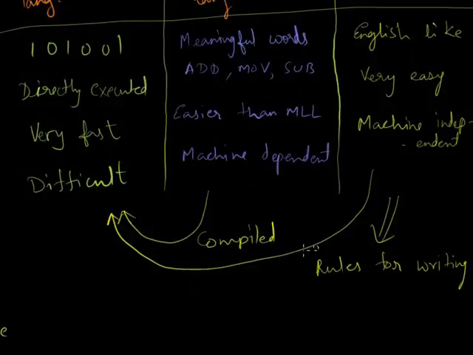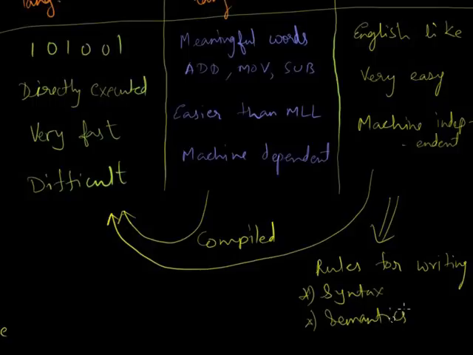And these rules for writing are known as syntax and semantics. Syntax deals with the positioning of words, and semantics deals with giving meanings to the sentences. That's all you need to remember at this point of time.